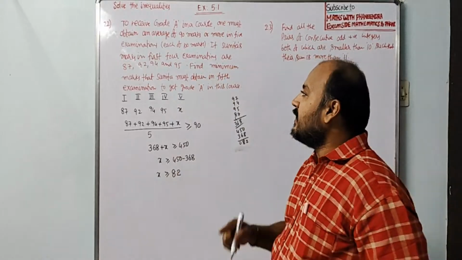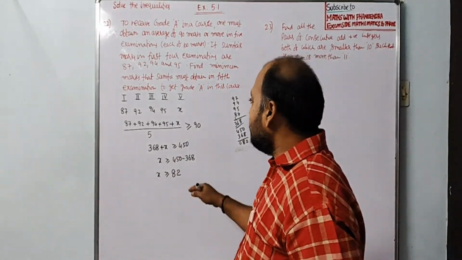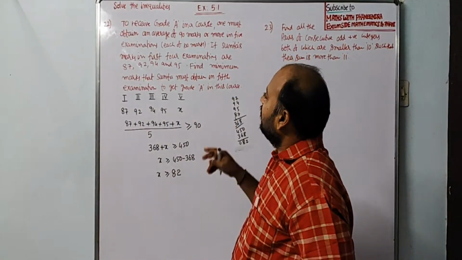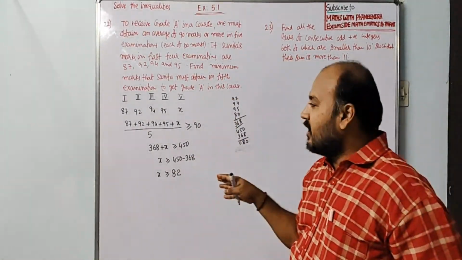So the student has to get 82 marks to get grade A, the minimum marks. These are the minimum marks, dear students.